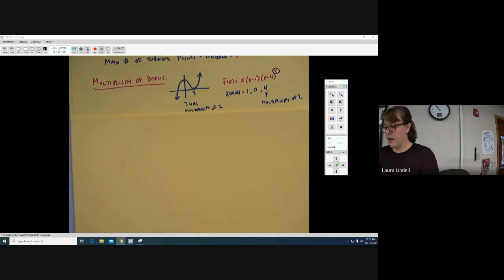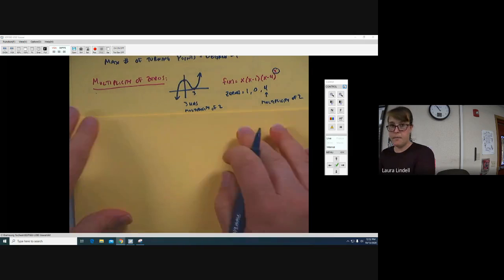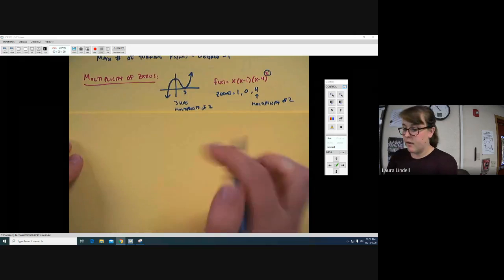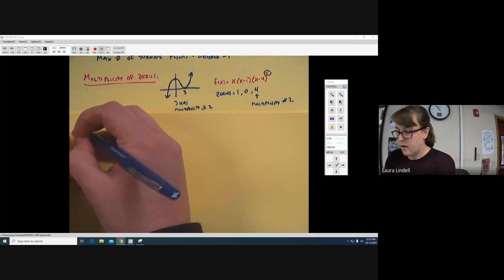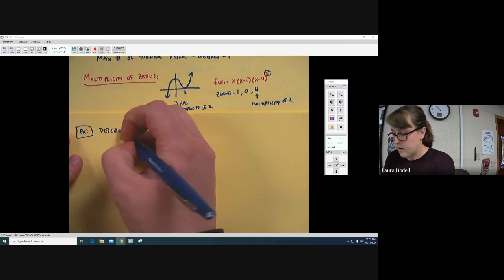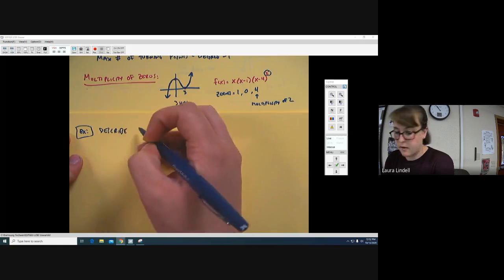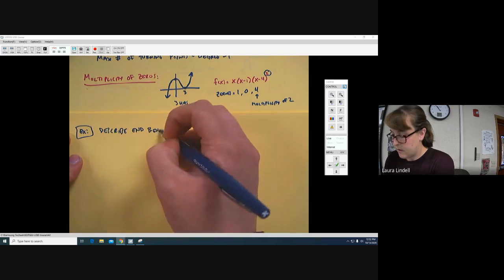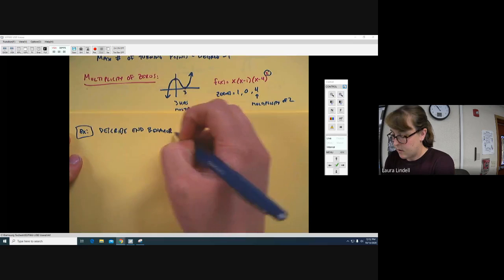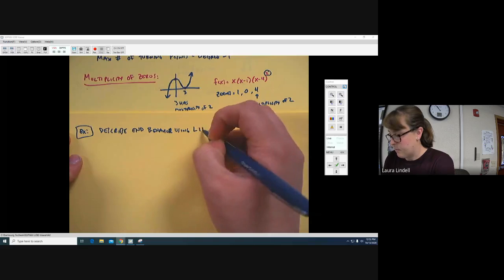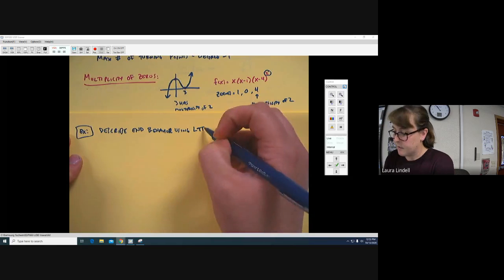All right, so the first kind of question that we might be asked to do would be to describe the end behavior using the leading term test.